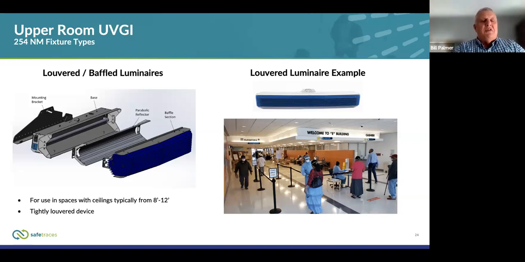So to make sure that does not occur, we place louvers or baffles in front of the UV source. And this blocks the UV energy that's coming out at undesirable angles so that it won't enter the occupied space and create safety issues.